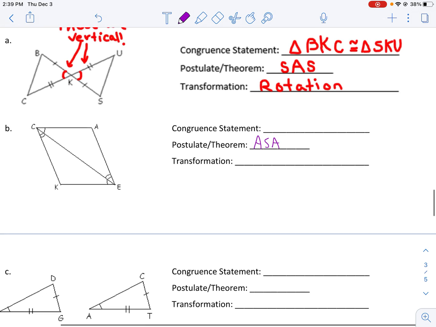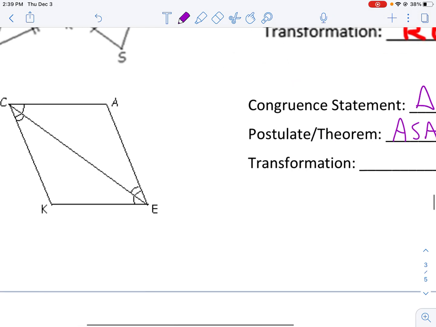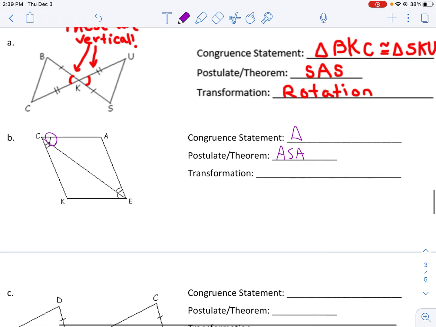And now remember, the order in which we say these things matters. So if I start with, let's say, this angle, the single angle, so that's C, and then AE, that has to be congruent to the same starting angle where it has the same measure.